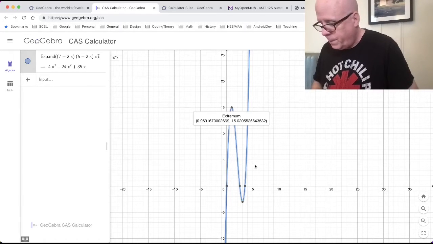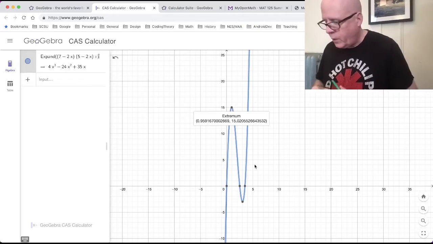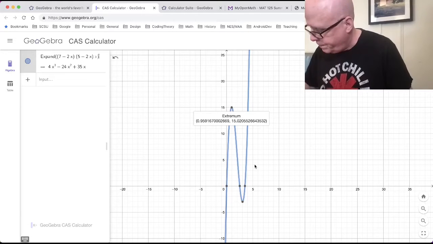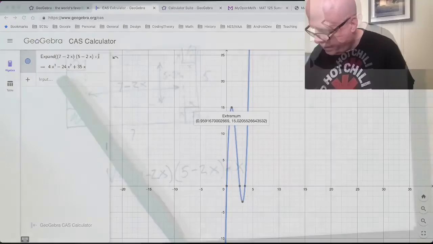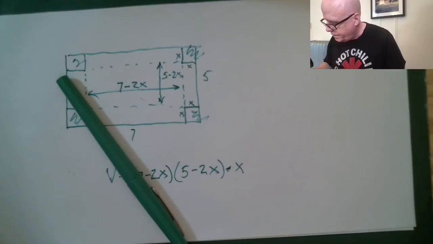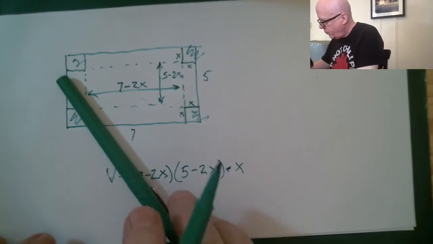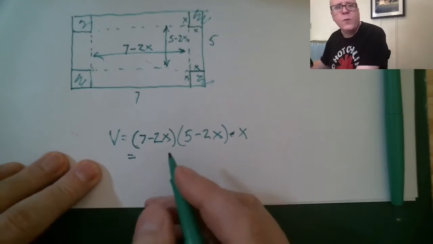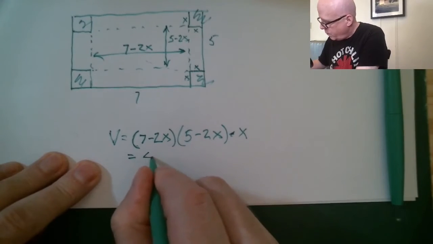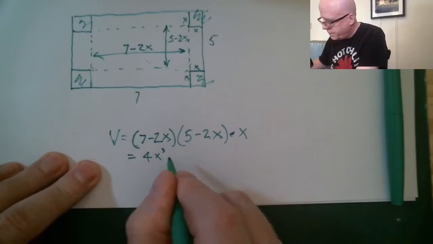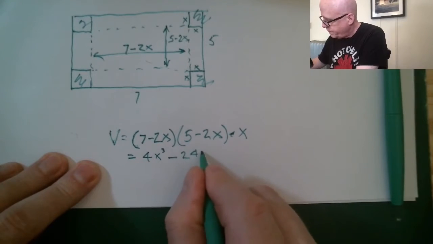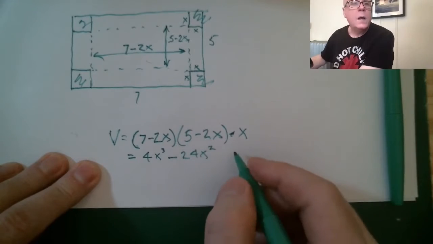All right, so let's go ahead and do the calculus. I'm going to switch the view back to where we can draw. What we had was we found the expanded form of this was 4x cubed minus 24x squared plus 35x.